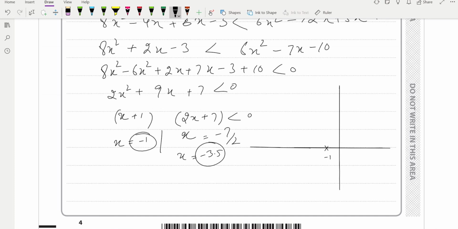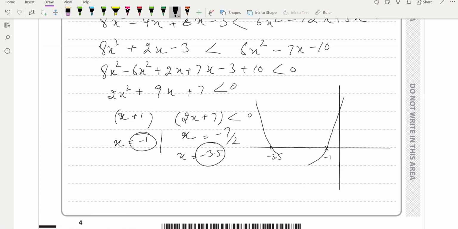Yes, so this is minus 3.5, so these two are the x-intercepts, and we can find the least point also, but we know that the quadratic graph is curving like this one. Sorry, so we can redraw this.